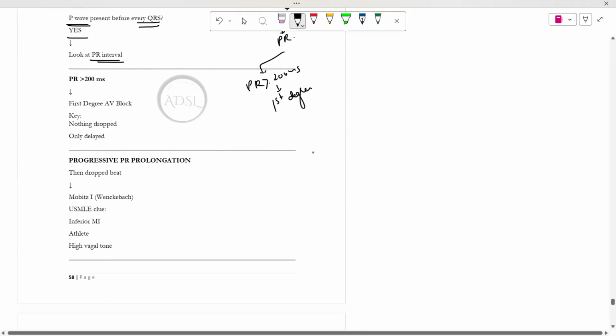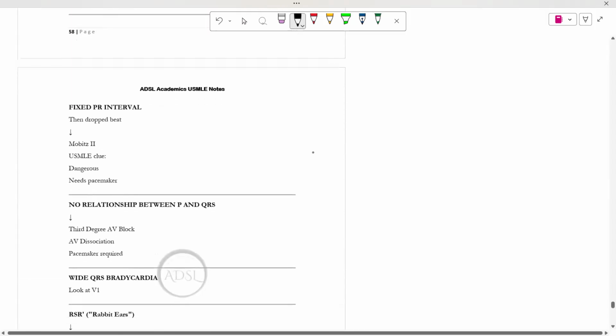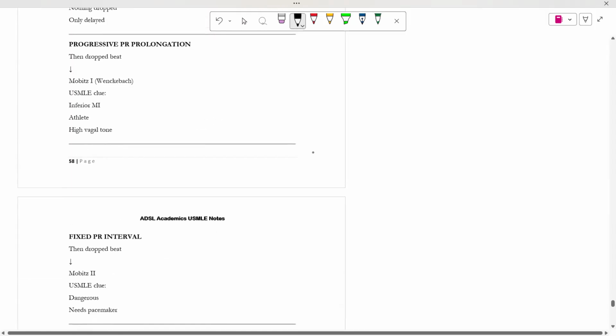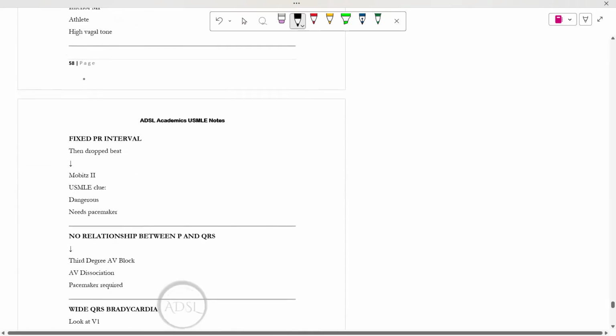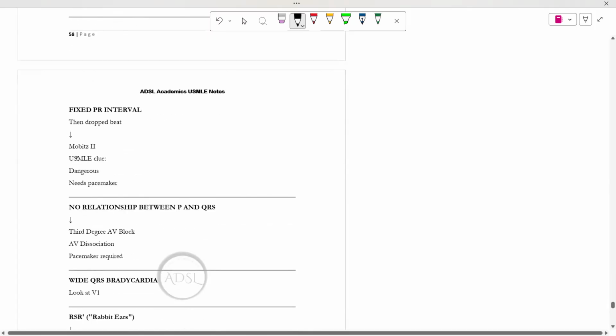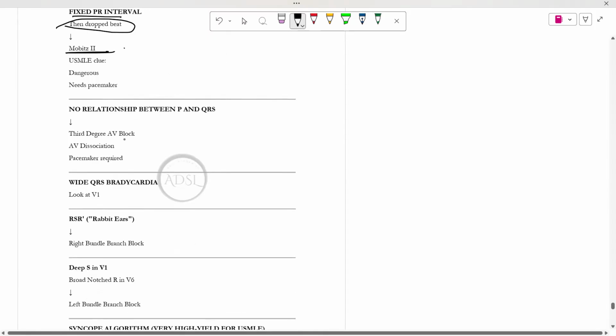Otherwise, if you are seeing a progression, and suddenly a beat gets dropped, Wenckebach's phenomenon, then it is second degree heart block, Mobitz type 1. If there is a fixed PR interval and then a dropped beat, then you are dealing with a Mobitz type 2. And if there is no relation between P and QRS, you are dealing with a third degree heart block.